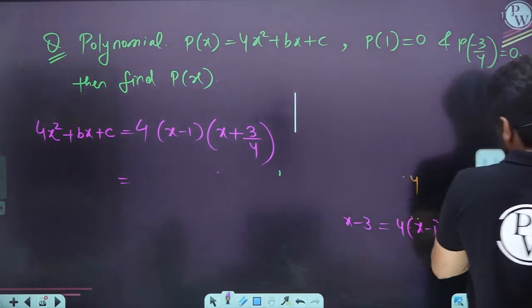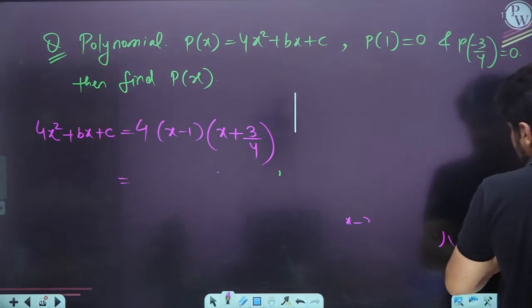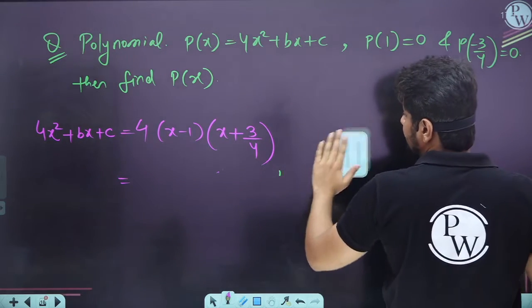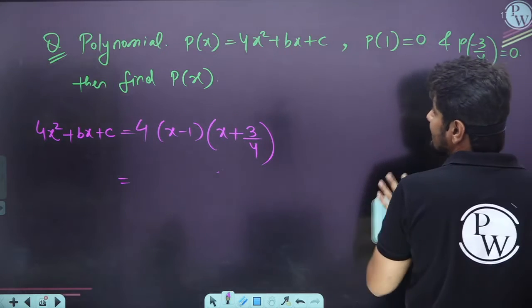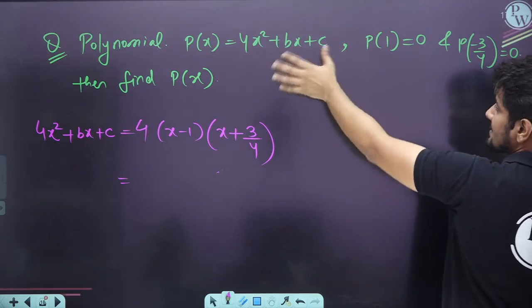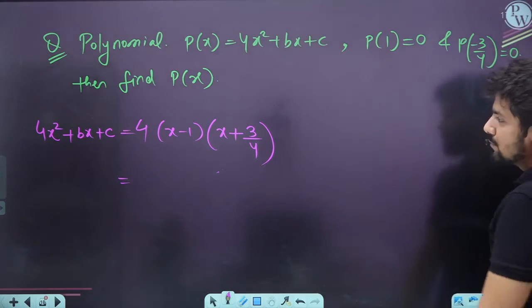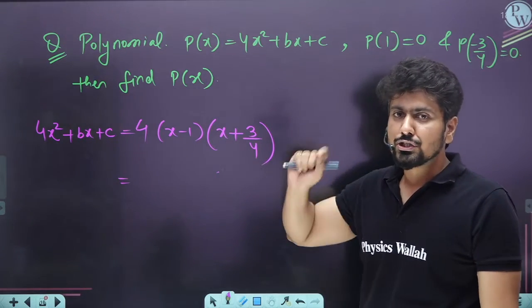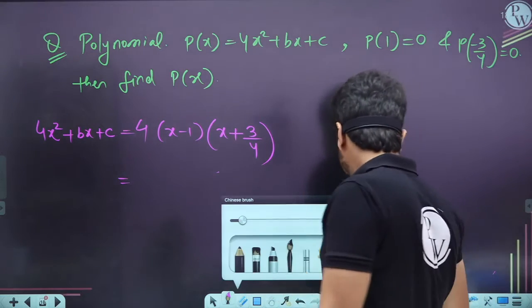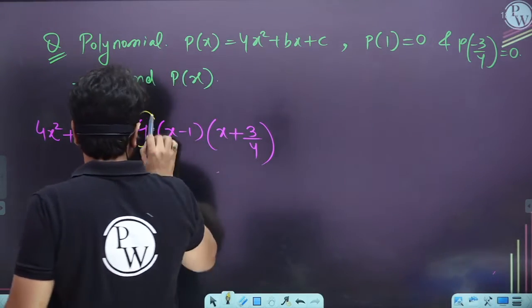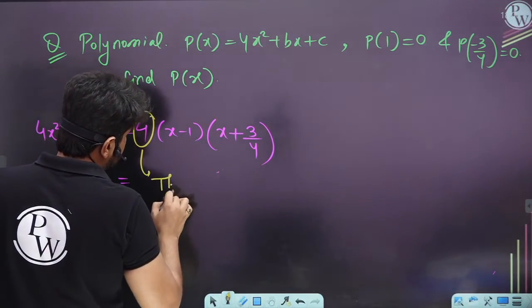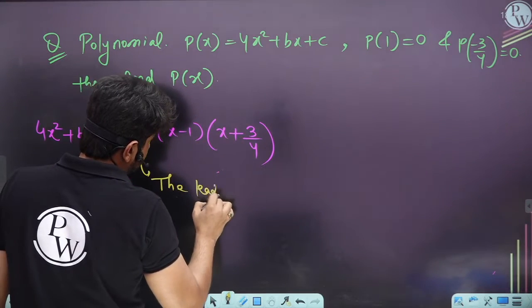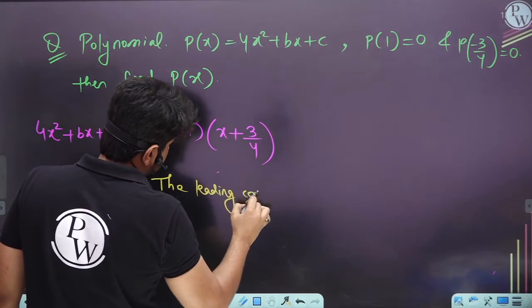So that's the thing. If I know the roots, where this polynomial becomes 0, I get the factors. But I should also know the leading coefficient.